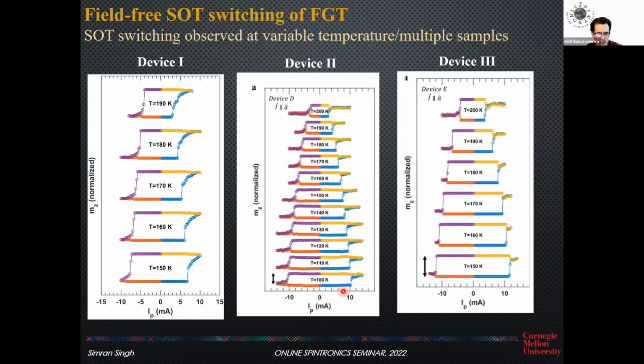So device 2 is thicker? Device 2 has thicker FGT, 3 nanometers thicker. And almost the same thickness of WTe2. This one is 25.8 nanometers, and this one is 24.4 nanometers.